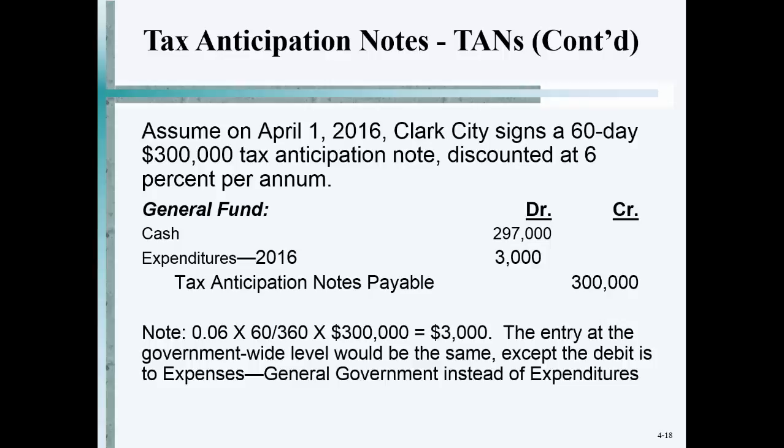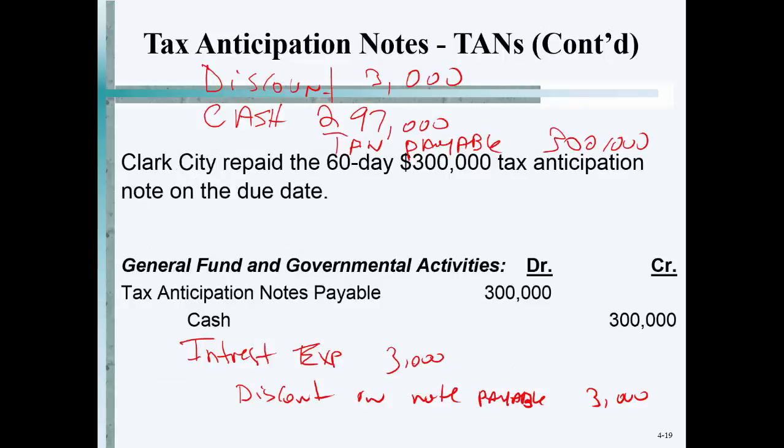Now, on the next slide, I don't fully agree with what the book put in, so I just wrote in what I want here. Since the note was issued at a discount, if we're at full accrual accounting, we go ahead and set up that discount, just like you would in commercial, right?